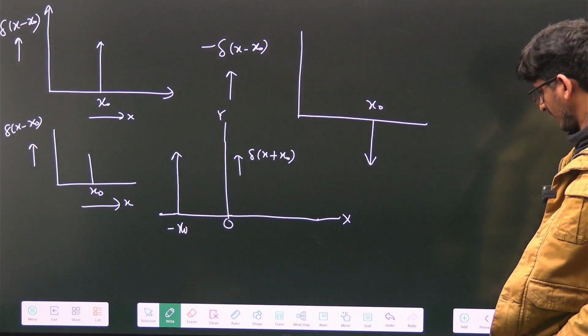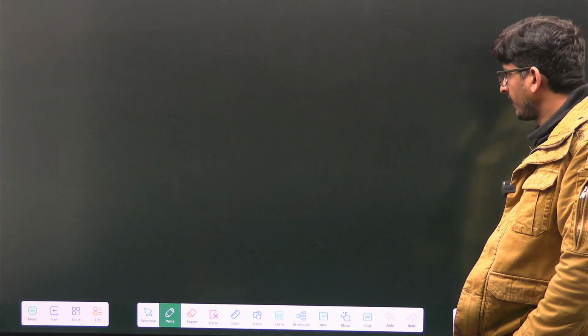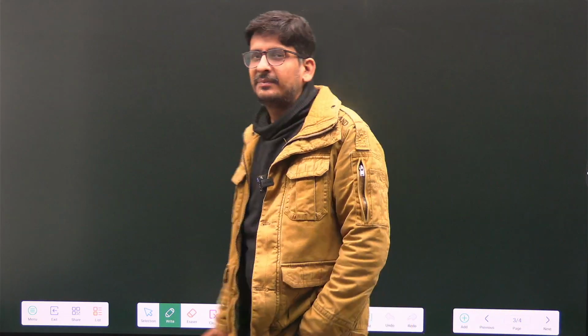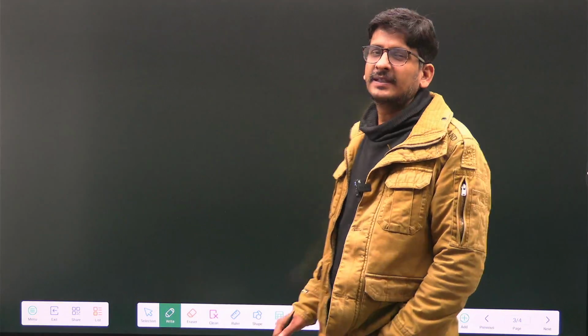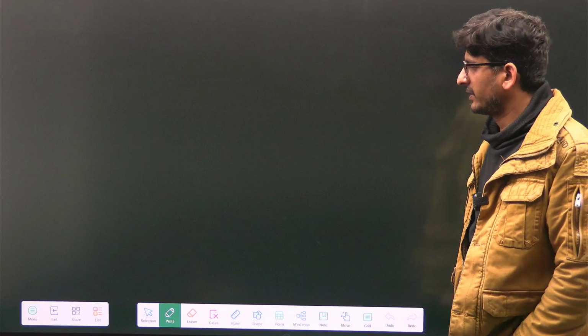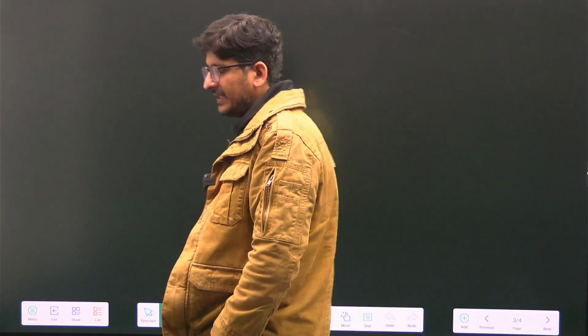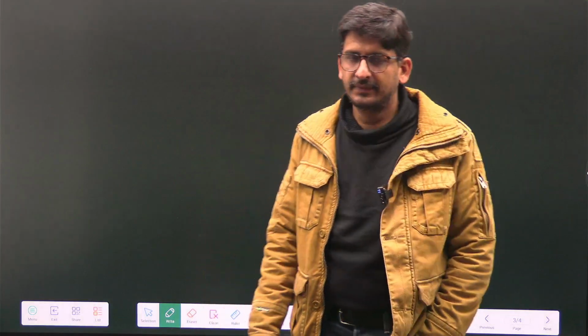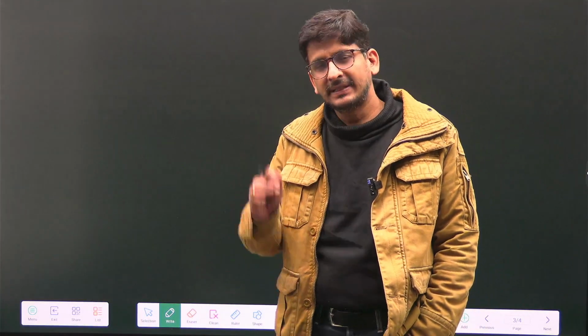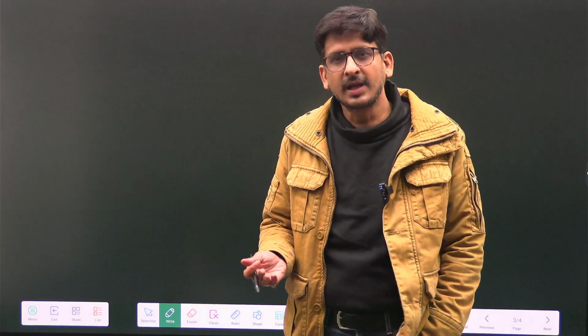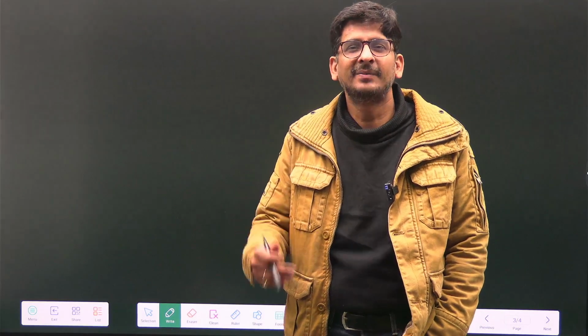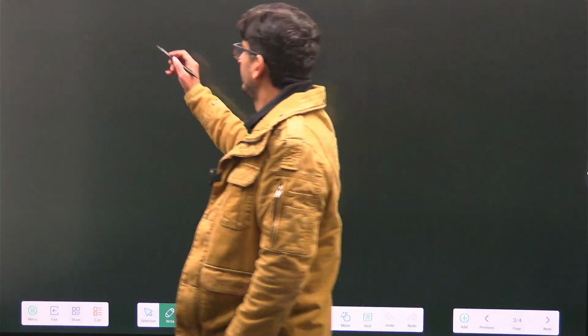ठीक है. Now, we can discuss more properties of the delta function. Okay, and please remember, listen carefully what I'm saying. If there is a quantity which is present at one place and absent at all other places, you can represent it by delta function.